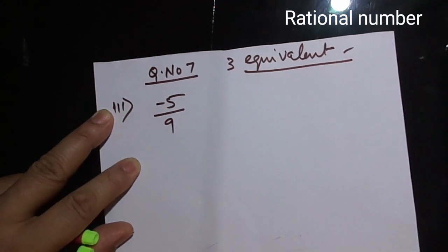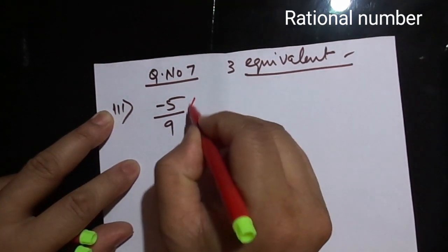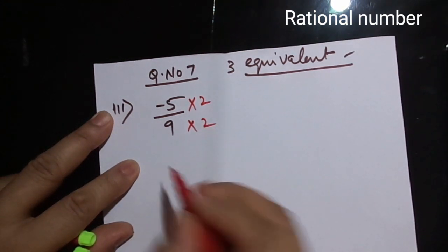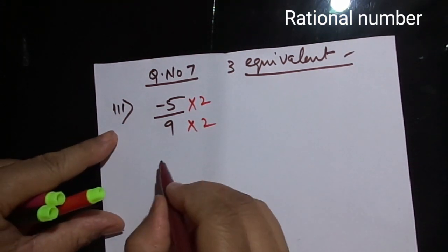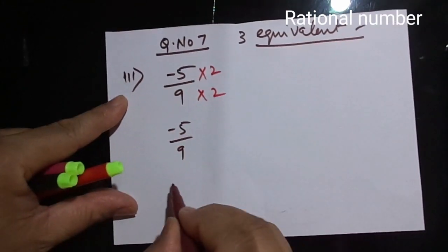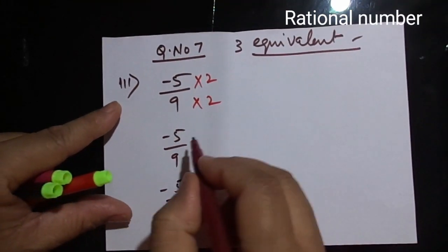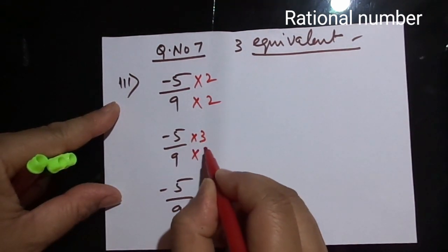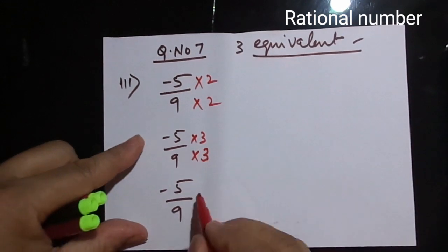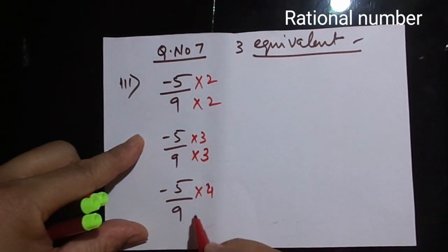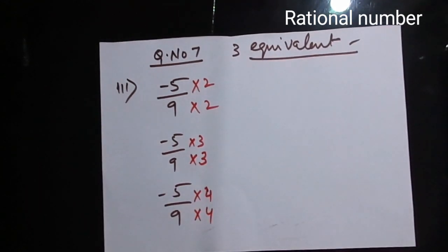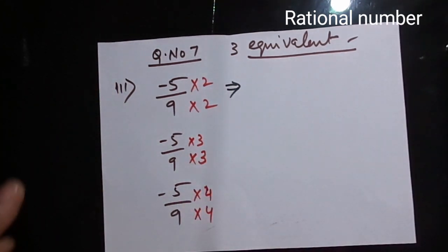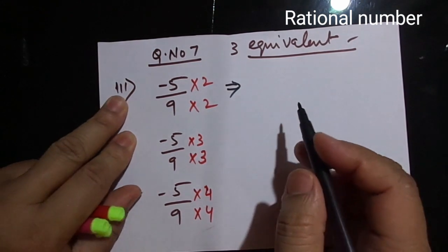Okay, so what we need to do is multiply by the same number. Minus 5 by 9 can be multiplied by 2, 3, 4 onto the numerator as well as the denominator. Some of you play pranks on me, stating, sir, can I multiply by 2000?